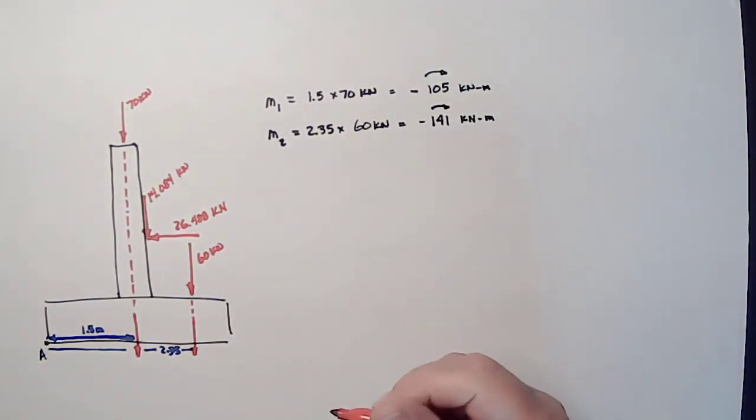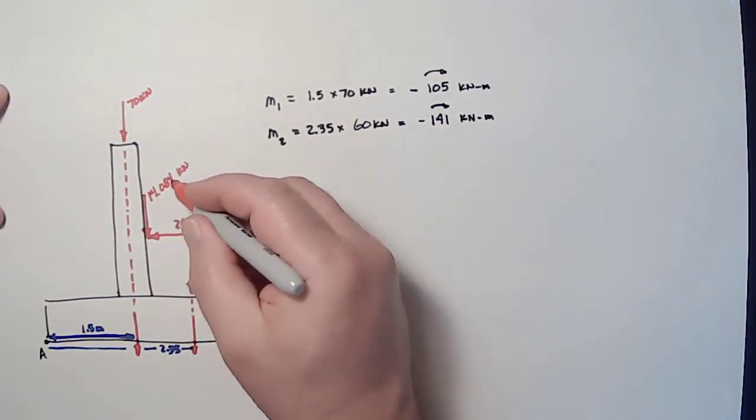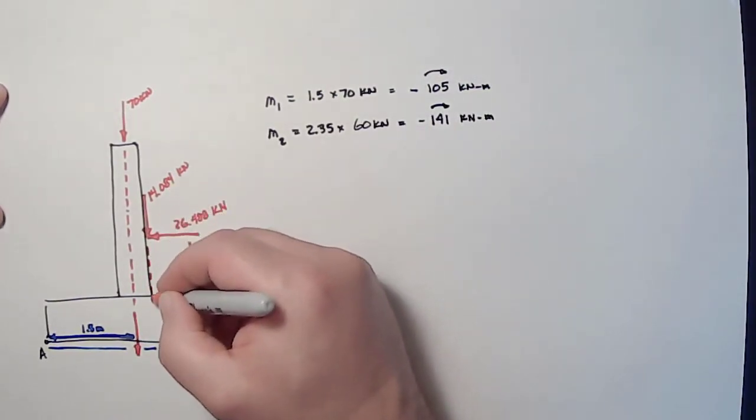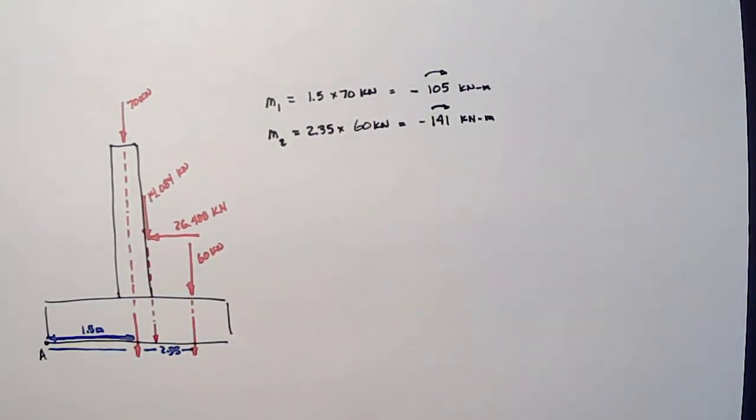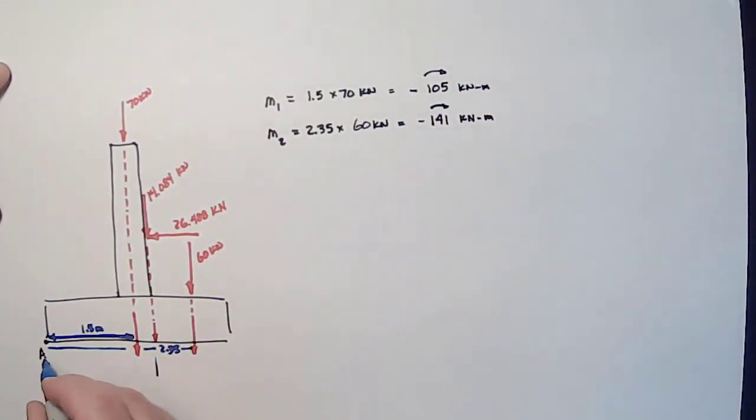One more time with the clockwise moments. My 14.084. And if I look at the problem statement, it tells me that this distance between point A is 1.7 meters.